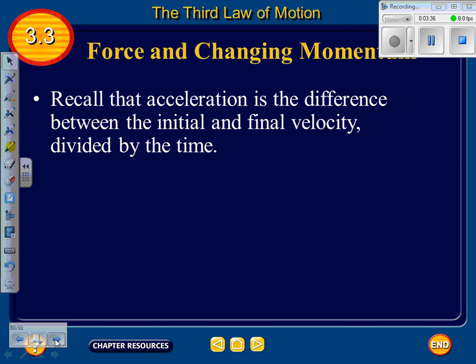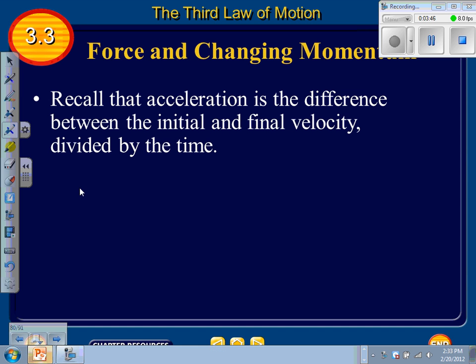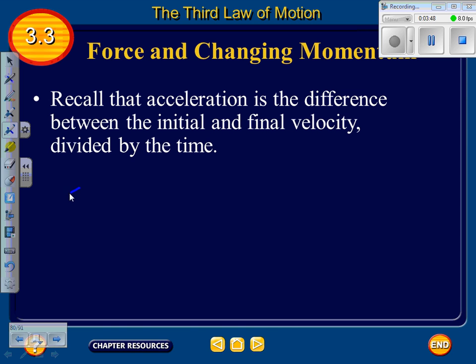Force and changing momentum. Recall that acceleration is the difference between the final and initial velocity divided by the time. If you remember correctly, we had acceleration a equals v sub f minus v sub i, all over t. Formula for acceleration.